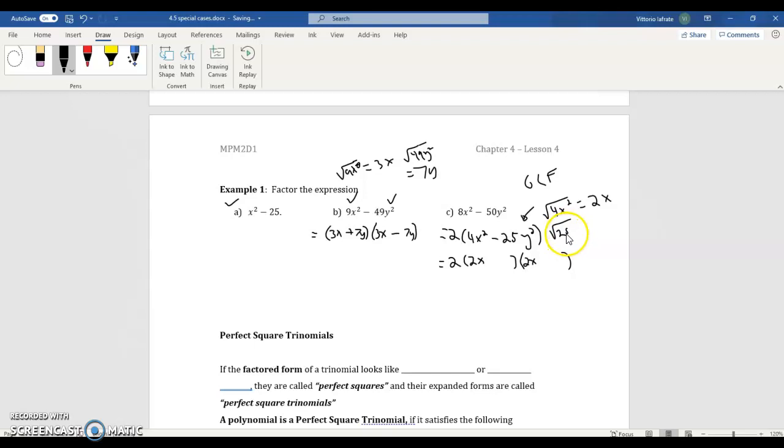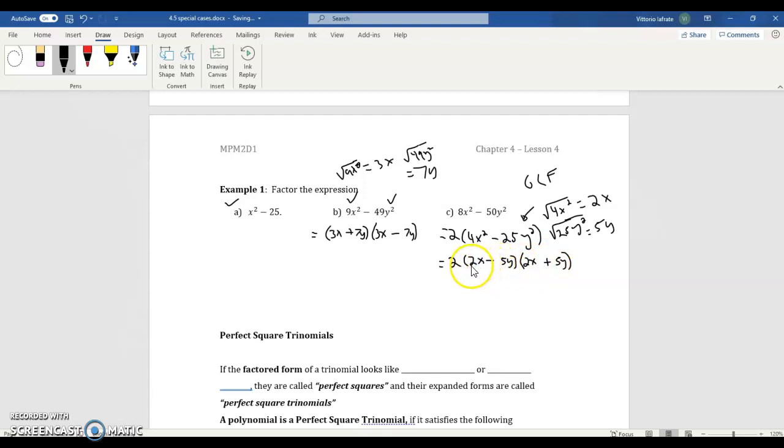Don't forget the y squared there, because there's 2 variables. And we get 5, because square root of 25 is 5, and then y, because square root of y squared is y. So we write that in both brackets, 5y, 5y, and then put your plus and your minus.